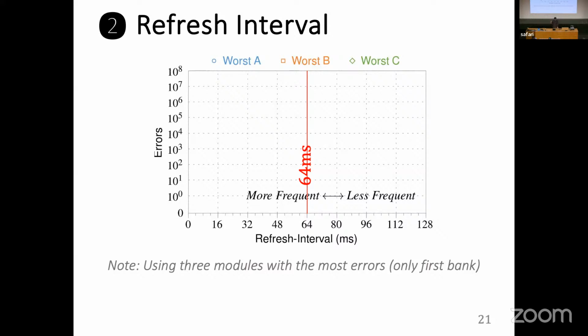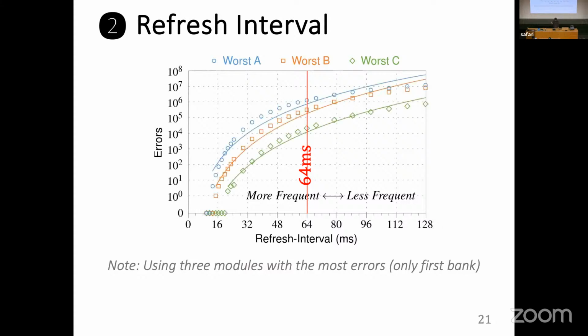So they do a sweep of the refresh interval. Here, this means the interval between when a row is refreshed the first and the second time. It's called the refresh window in some JEDEC documents, but you get my meaning.